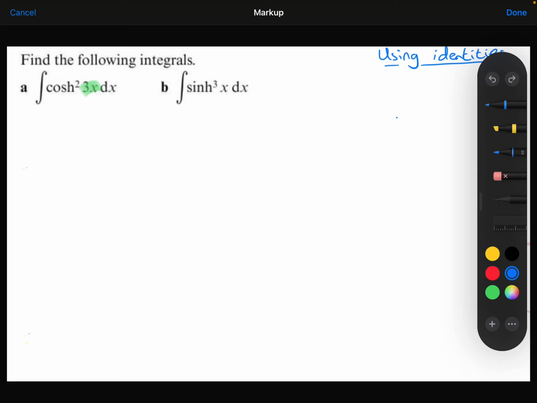We're going to rewrite that sinh cubed as sinh squared times sinh. We know that's the same thing as sinh cubed. Now I'm going to use the hyperbolic identity that I know that sinh squared is the same thing as cosh squared minus 1.